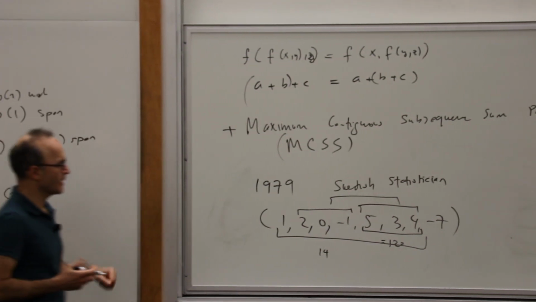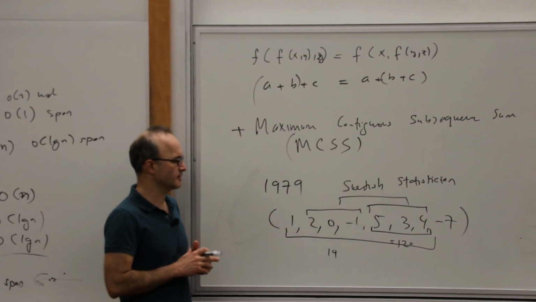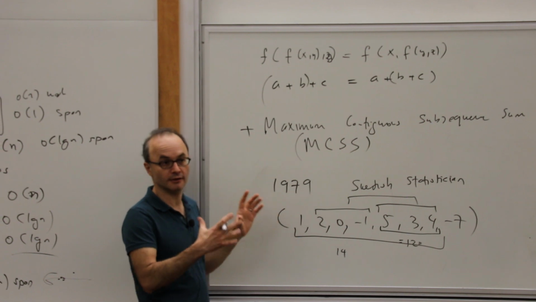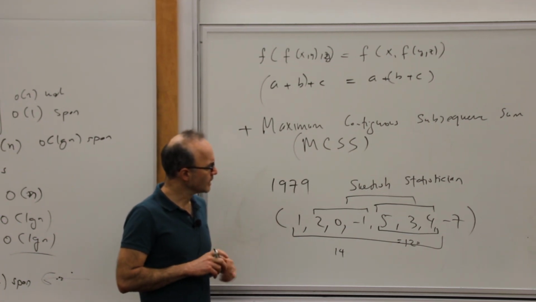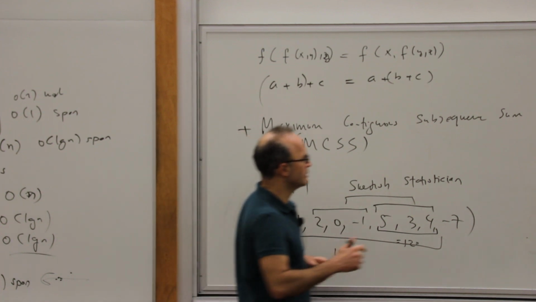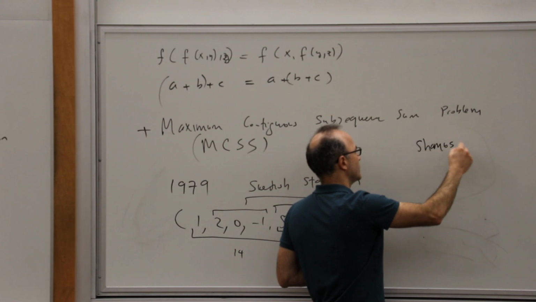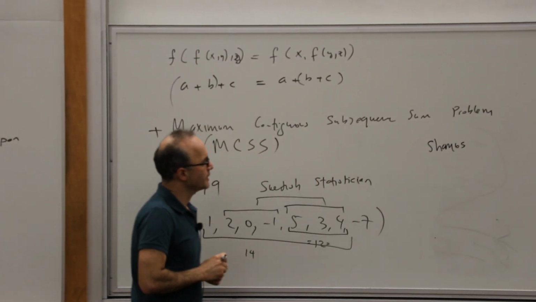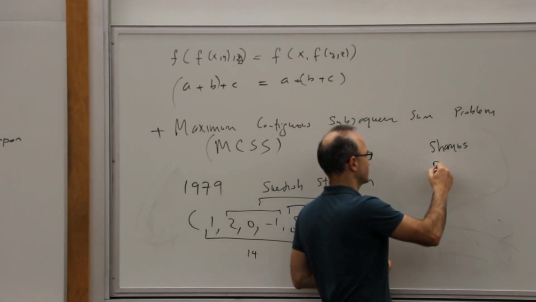Good, so it was introduced by a Swedish statistician. He wanted to understand some segmentation properties, and he thought that this was a good model for that problem. And then he mentioned this problem to Shamos, who used to be a department head in computer science at Carnegie Mellon, Michael Shamos. And he mentioned the problem to Bentley.